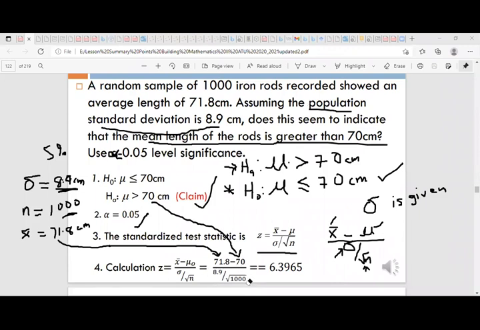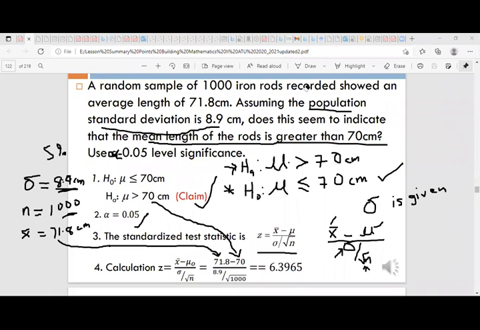Okay, then you find the numerator too and divide by the denominator.